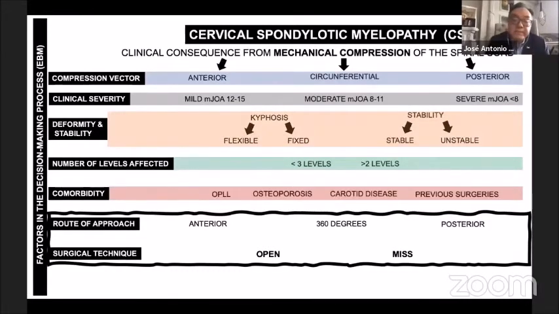When we combine these factors, we can achieve the surgical possibilities for the patient.